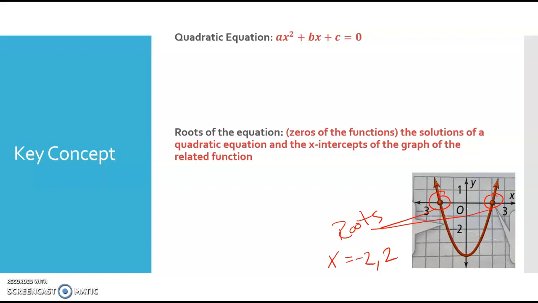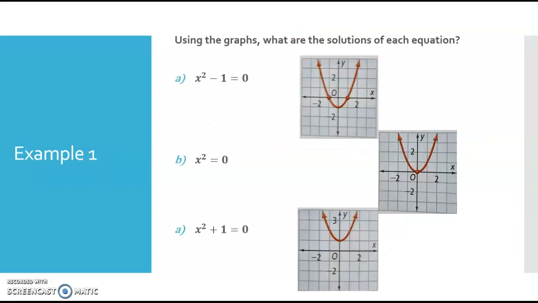All right, so moving on. So this first example, we're using the graphs to find the solutions for each equation. So when I'm looking at this, right here, this is my equation for the first graph, and I need to find my solutions.